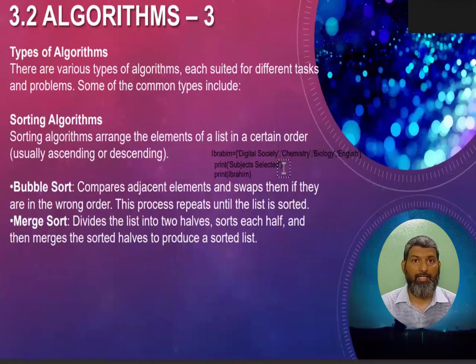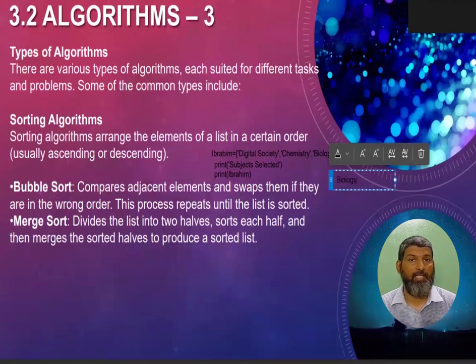That means digital society, chemistry, biology, and English. When you want to sort, for example, D comes after C, right? So this should be sorted as biology, chemistry, digital society, and English.